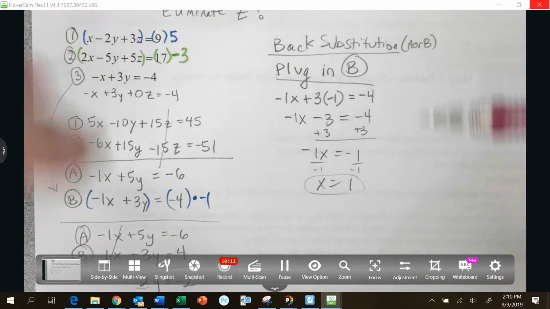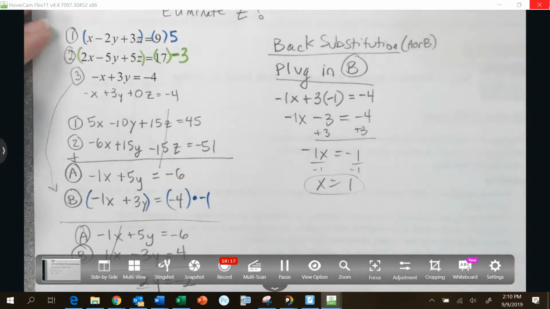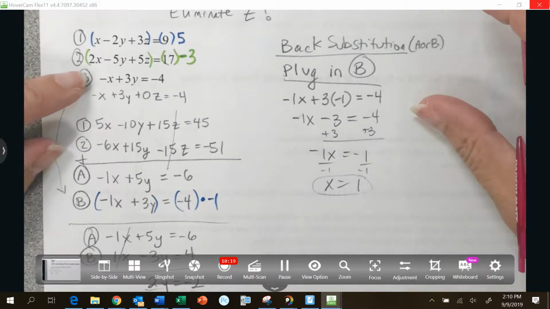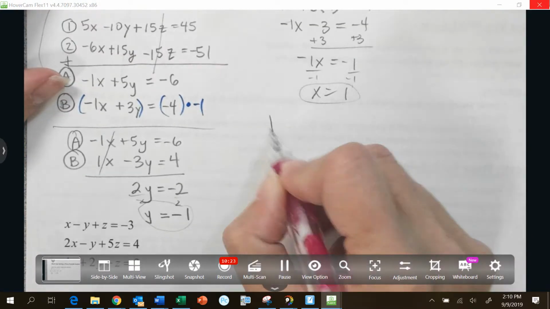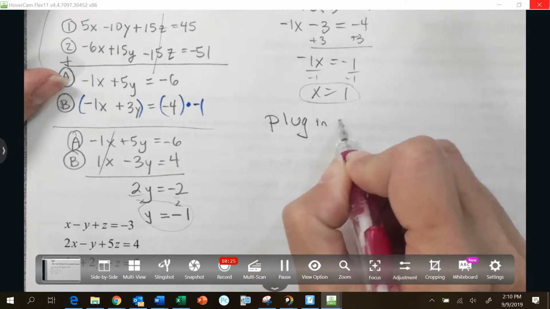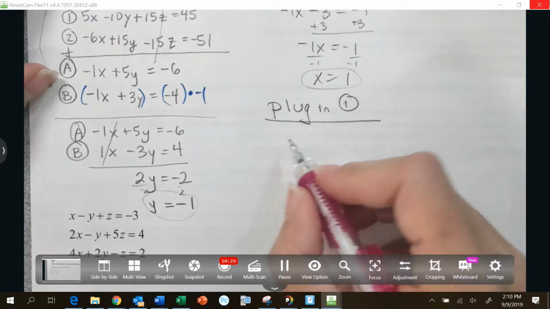We're going to go back further to where we have 3 variables. Let's do number 3. Why would I not do number 3? Because we need z. So I'm going to plug in 1. Remember yesterday we did plug in 1.